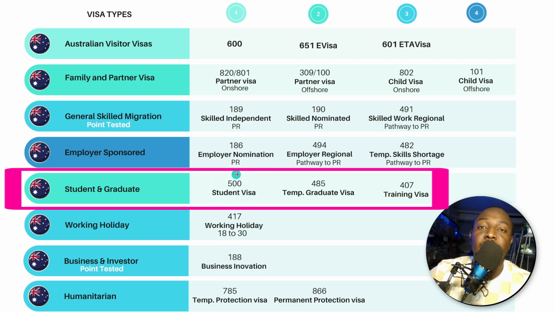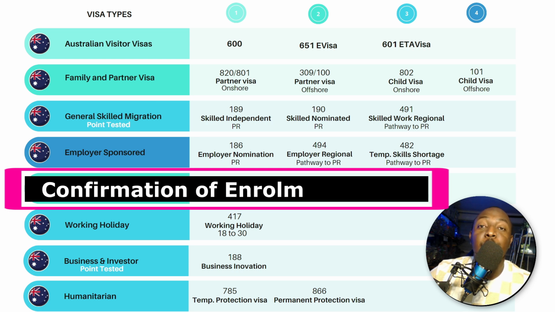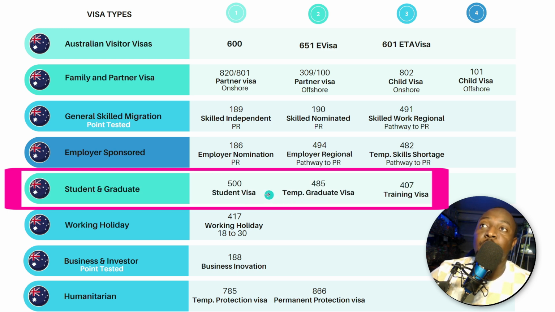So with these, you need to apply to a uni or a college in Australia, get accepted. Then the college or uni will give you something called a COE, confirmation of enrollment. Once you get that, then you use that to apply for your visa, and voila, you'll be on your way to Australia. There are other requirements, but again, I'll need to do a detailed tutorial and explain to you what all the requirements are.